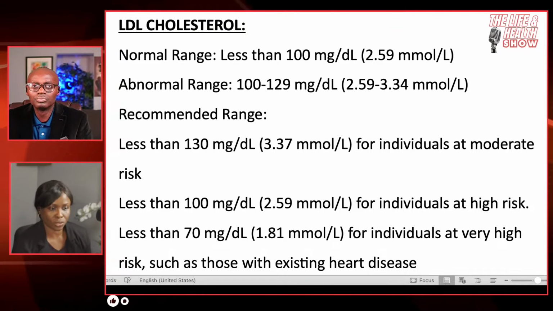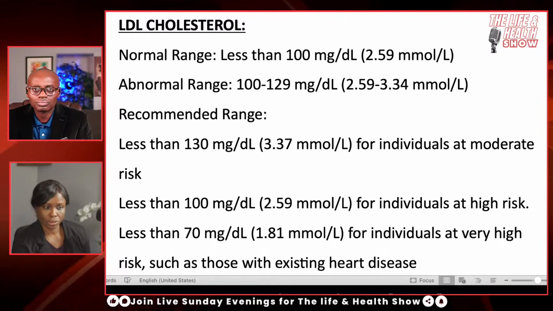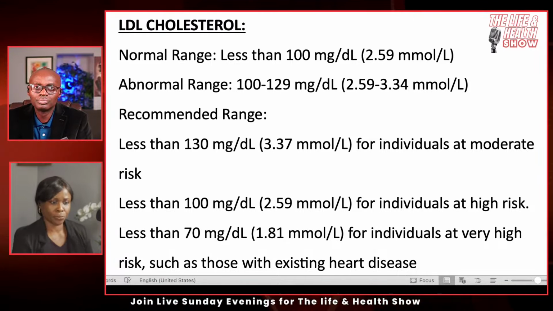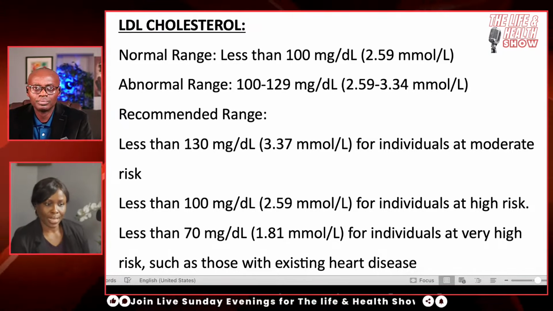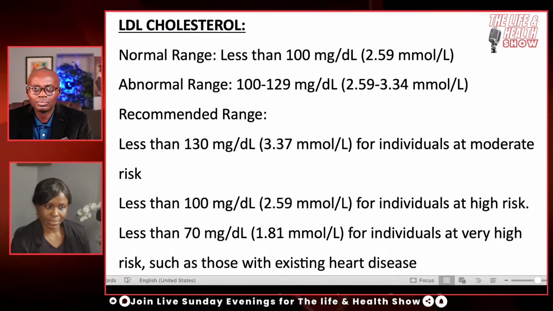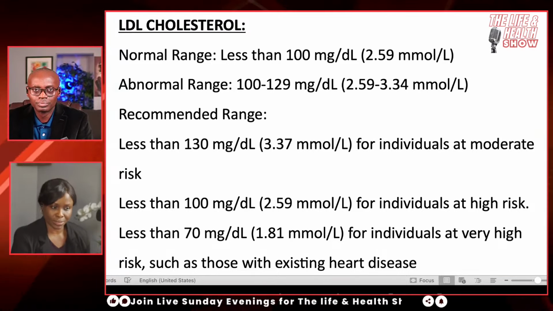So between 100 and 129 you are in the abnormal range. And if it's less than 130 and your risk is moderate, then it's okay for your numbers to be less than 130.